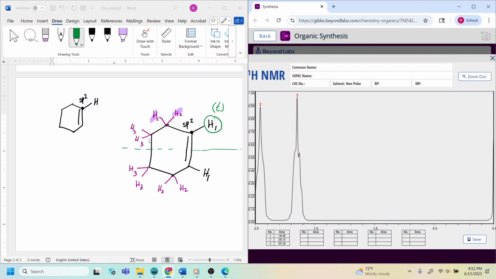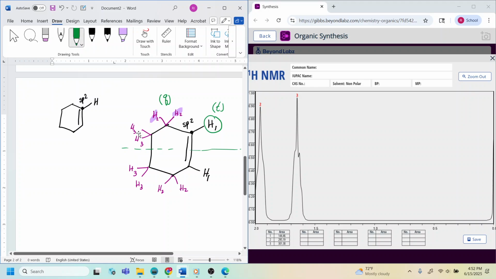You do have 2 hydrogens on this side and you have 1 hydrogen on this side. So this is 3 plus 1, so 4. So hydrogen 2 is going to be a quartet. This is the multiplicity for it. Hydrogen 2 is going to correspond to 4 hydrogens. These are the number of hydrogens for the signal for 2.